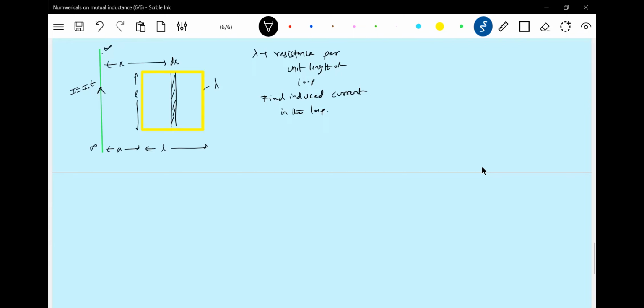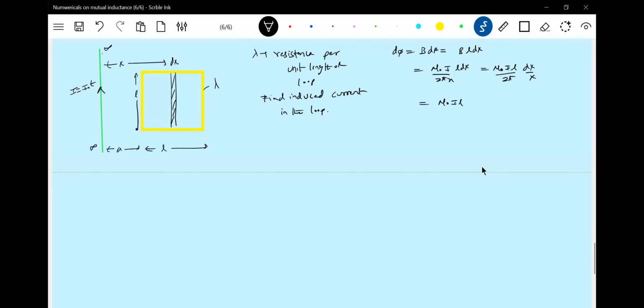Side length of this is L. So what is the flux linking that? d phi equals B into dA, which is equal to B into L into dx. What is B equal to? Mu naught I by 2 pi x due to a long wire. So further, this is mu naught I L by 2 pi, dx by x.